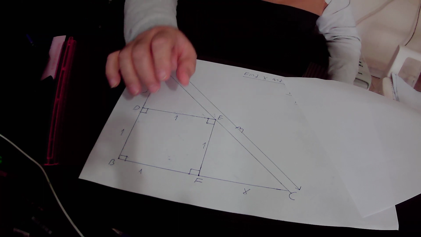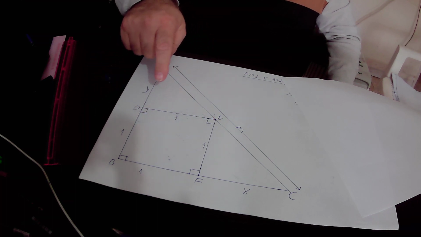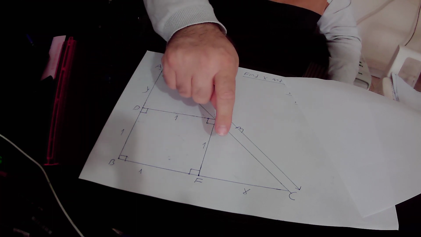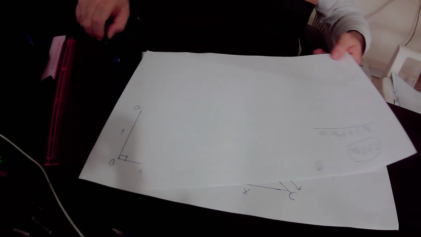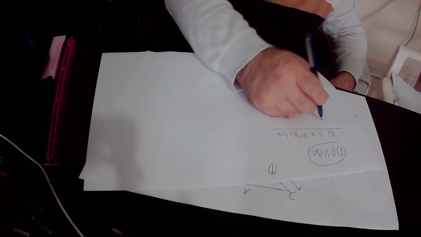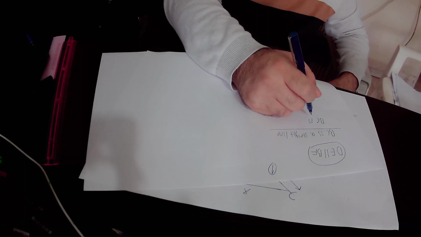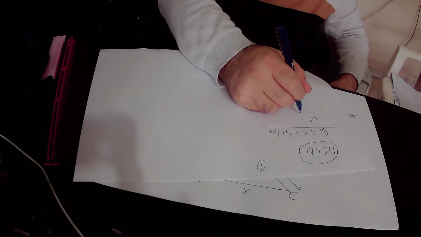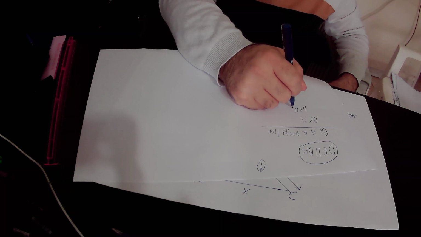So if part of the straight line BC is parallel to DE, then BC itself is also parallel to DE. So BC is parallel to DE.